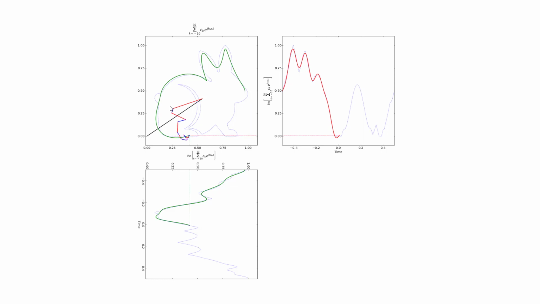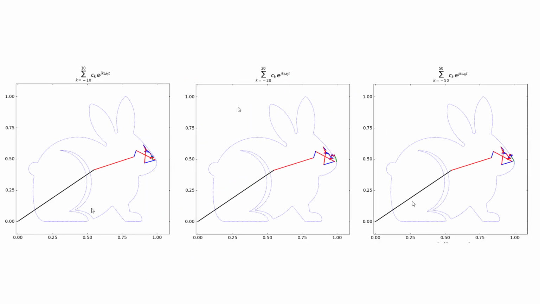If you look at the complex number that is produced and you take its real part, what you have is the x-coordinate of our rabbit, and this is what you can see below here in green. And if you take the imaginary part, you obtain the y-coordinate of our rabbit, and this is what you can see here on the right in red.